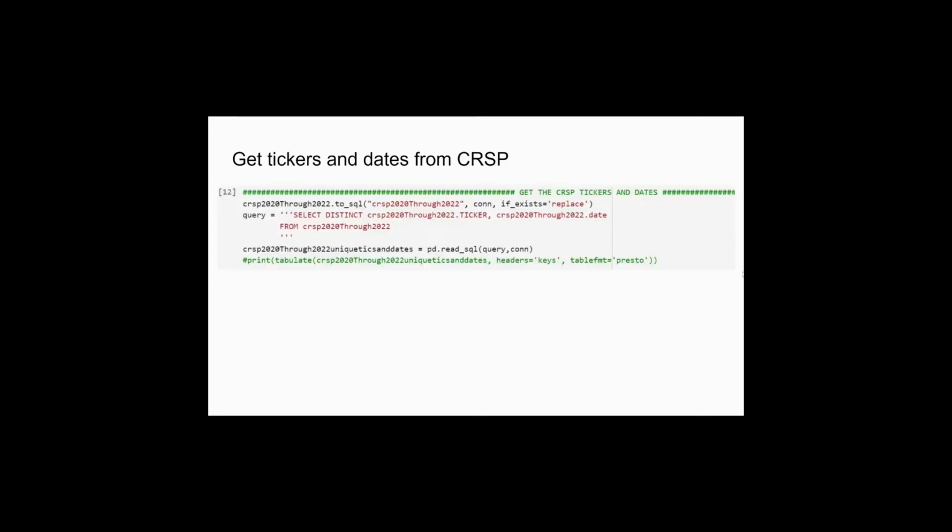Okay, now we want to get the tickers and the dates from CRISP, right? And again, this is important because this is the main data set. We're going to have CompuStat and we're going to have CRISP, and so we need to have all the firms from each. So here, what we do is we get the list of tickers and the list of dates, and this is all the dates from CRISP. CRISP is the Center for Research in Security Prices.